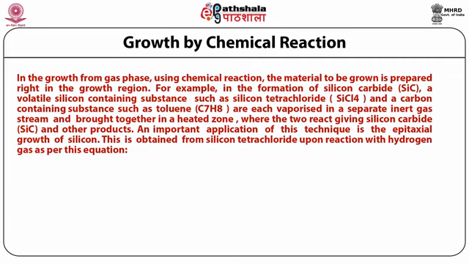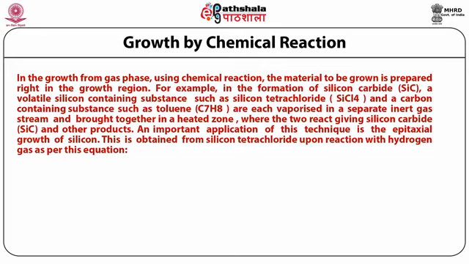For example, in the formation of silicon carbide, SiC, a volatile silicon-containing substance such as silicon tetrachloride, SiCl4, and a carbon-containing substance such as toluene, having chemical composition as C7H8, are each vaporized in a separate inert gas stream and brought together in a heated zone where the two react, giving silicon carbide SiC and other products.